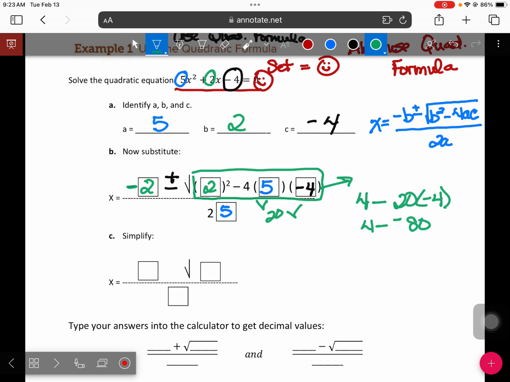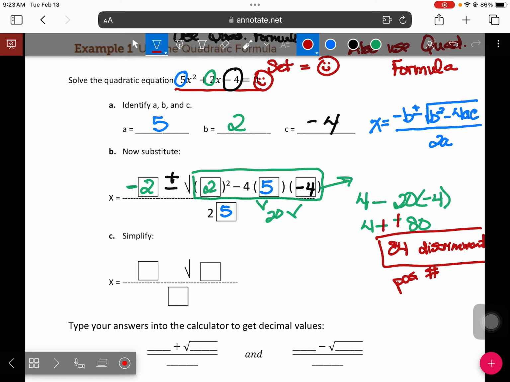Can I have that double negative there? No. So I'm going to add the opposite, and my discriminant is 84. Okay? My discriminant is 84. That is a positive number.